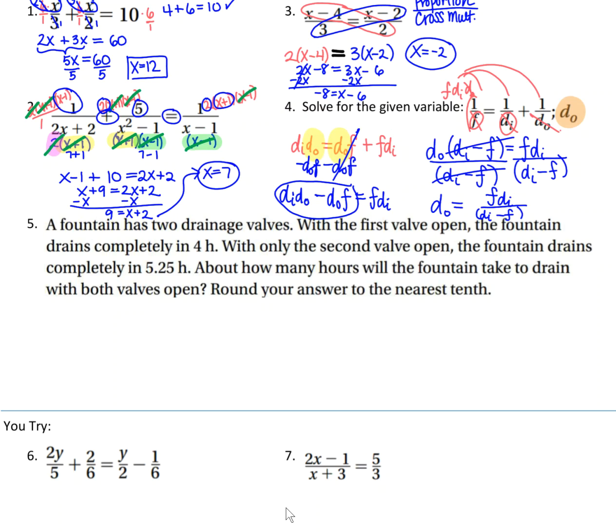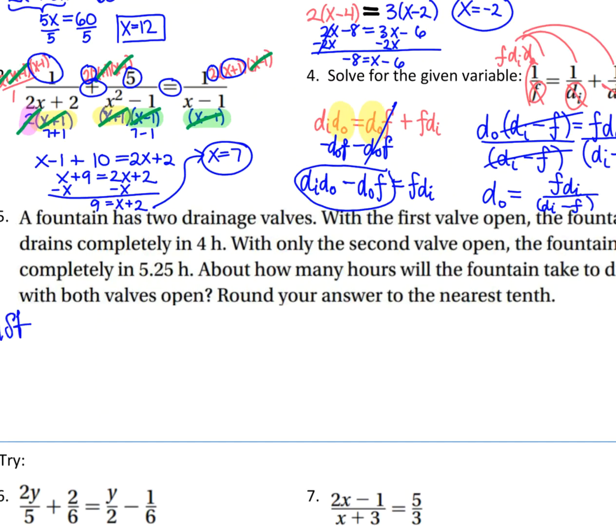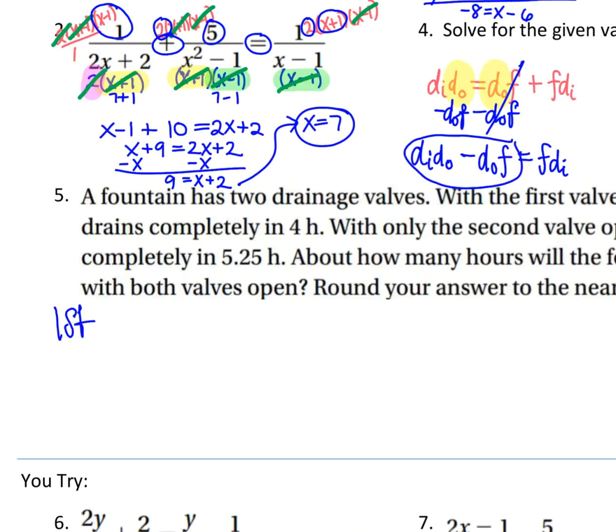Okay, so think of it as sort of a rate. So we have the first valve. Let me zoom in a little bit. The first valve drains one fountain in 4 hours. Okay.